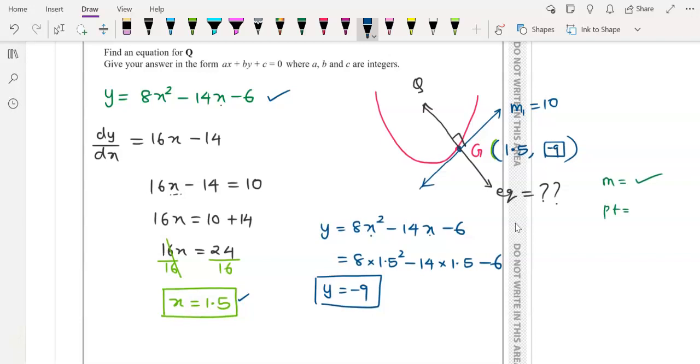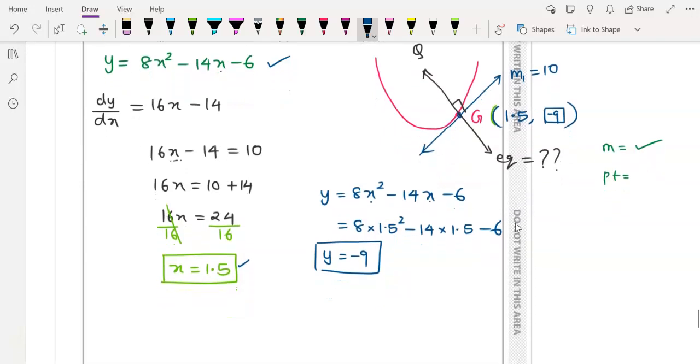Now, the tangent line and line Q are perpendicular. The slope of the tangent line, M1, is 10. The slope of line Q, let's mark it as M2. Line Q is perpendicular to the tangent line, so the slopes are opposite reciprocals.